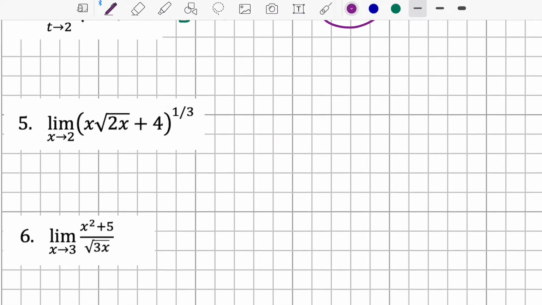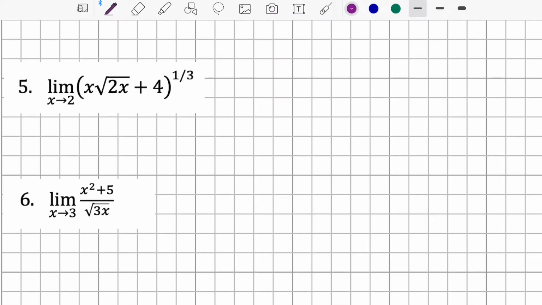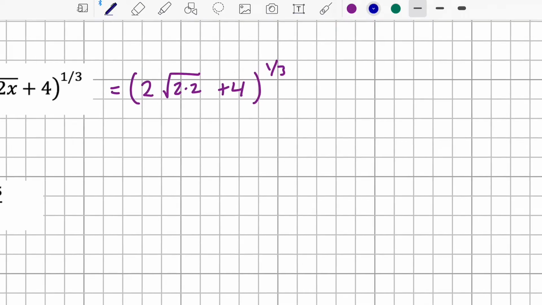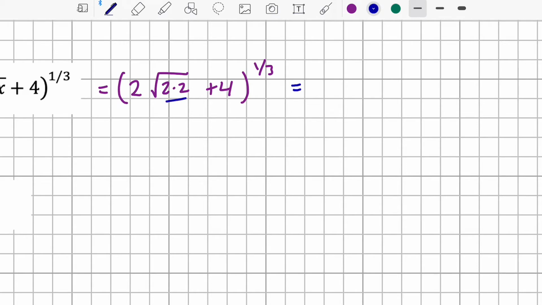Let's move on to one that looks a little bit more complicated. So again, this one is the limit as x approaches 2 of this function. So let's use direct substitution and replace all the x's with the 2. So here we go. And remember, you don't need the limit sign anymore. So it'll be 2 times the quantity square root of 2 times 2 plus 4, all of that raised to the 1/3 power. So now let's simplify. Inside the radical, we have 2 times 2, which is 4.